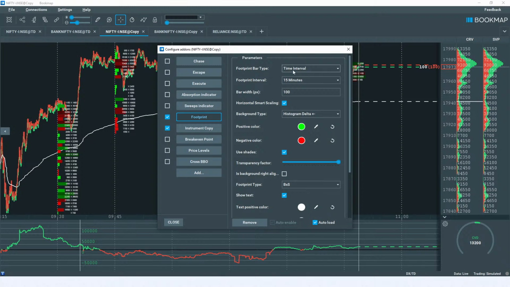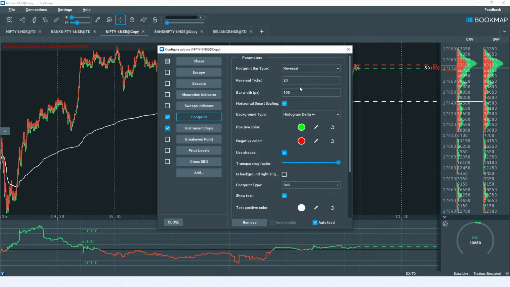First is which type of footprint bars you want to plot. Presently I have selected time interval. There are 4 different options. Time interval means for a specific interval, 5 minutes, 10 minutes, 15 minutes, it's nothing but candles for that interval.